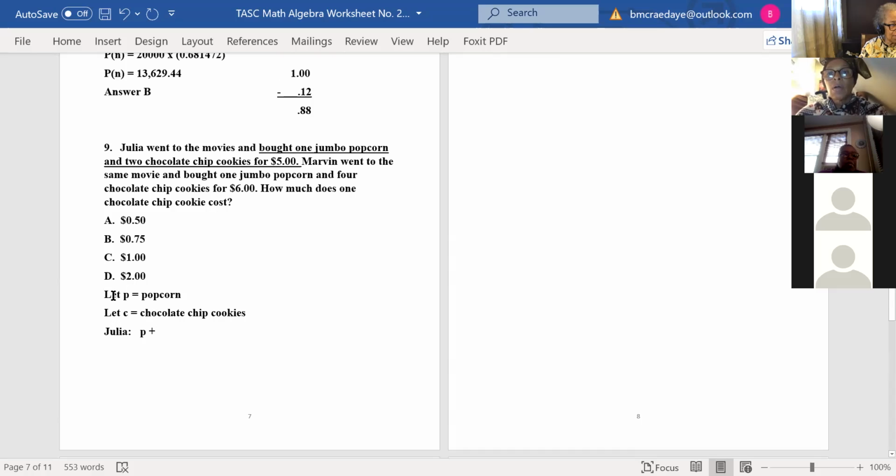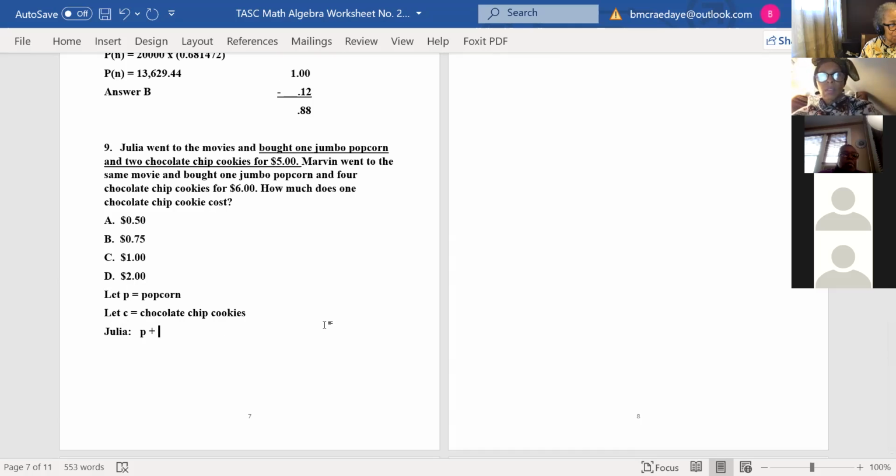Here are the variables. I say let P equal popcorn. Let C equal chocolate chip. So C, what would that be? P plus what? P plus C. How many C's?